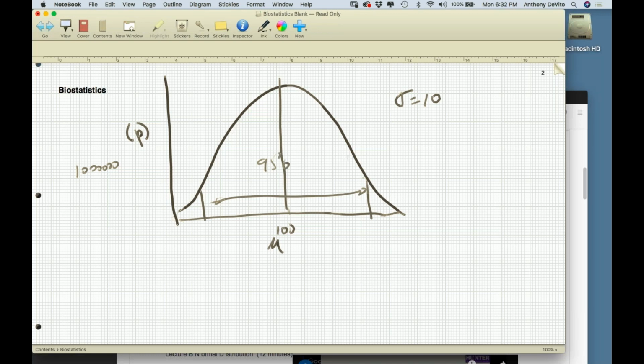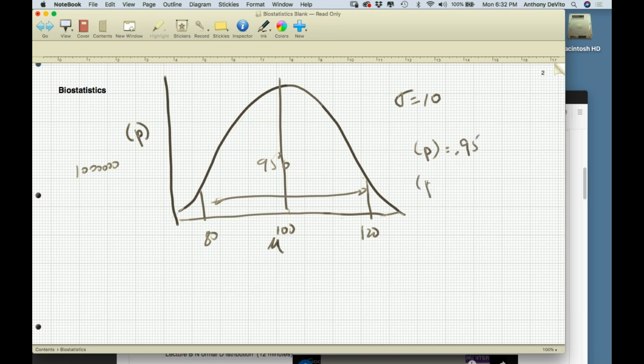Well, similarly, if I were to ask you, in this case it's going to be 80 to 120, what's the probability that if you randomly selected a person from this population, their blood pressure would be between 80 and 120, that probability would be 0.95, right? 95%.